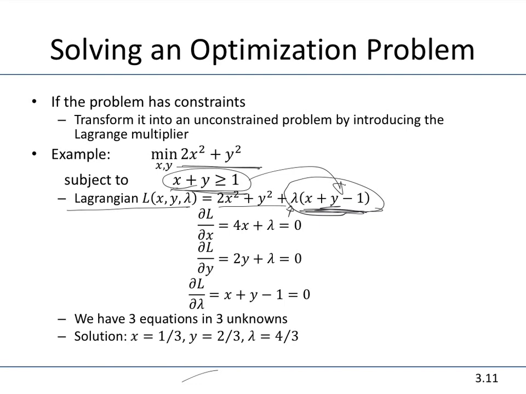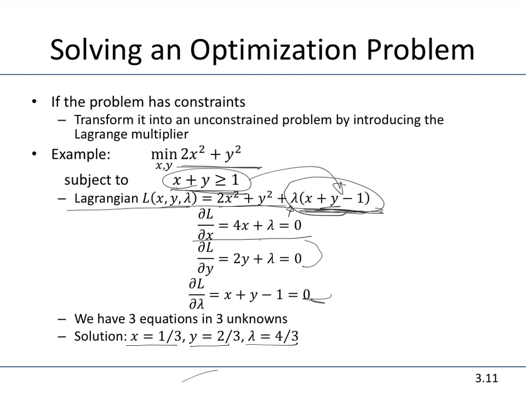So lambda, for this particular problem, because this is unconstrained now, I can get the derivative with respect to x and y and lambda now, because lambda is another extra decision variable. And when I solve these three equations, I get x equal 1 over 3, y equal 2 over 3, and lambda is not 0 here.